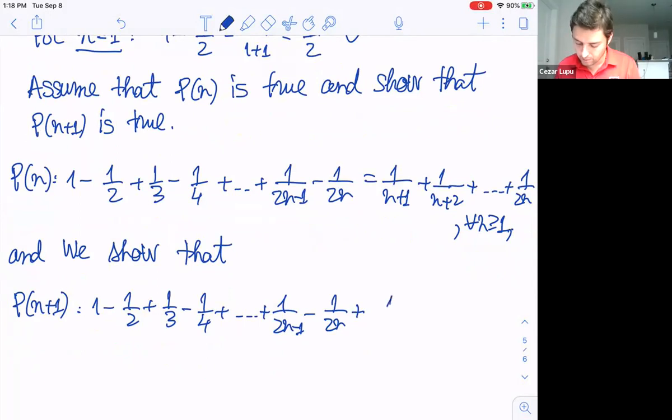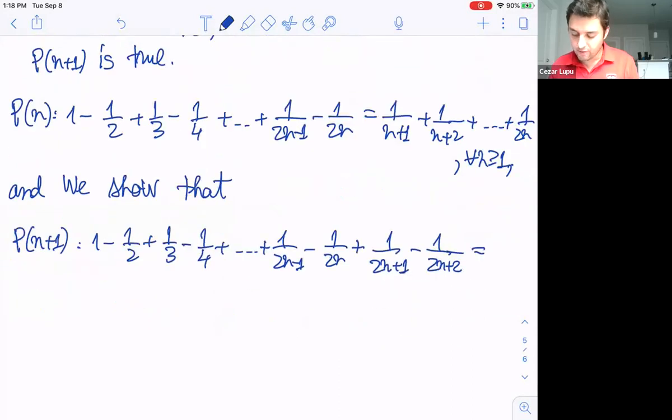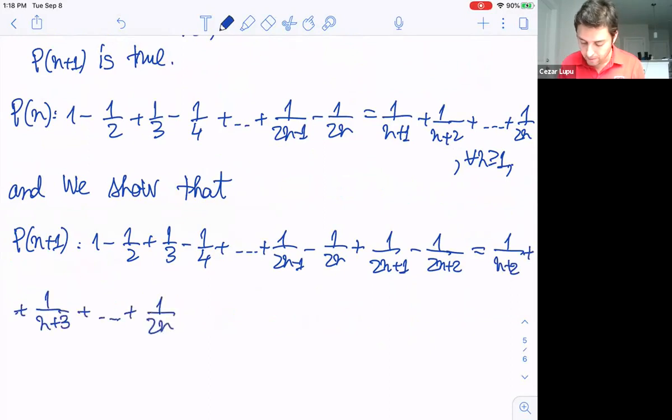And on this side, if I replace n by n plus 1, pay attention, it starts from 1 over n plus 2 plus 1 over n plus 3, going all the way to 1 over 2n, and it's going all the way to 1 over 2n plus 2, but since they're consecutive, I also have to add this guy here.